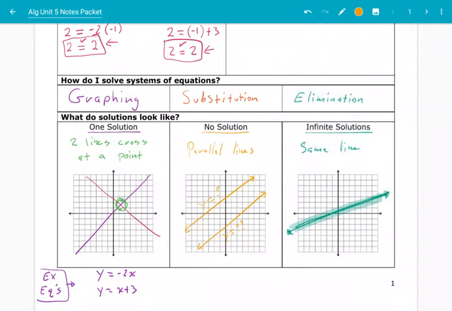Parallel lines, well, they have the same slope, so maybe something like y equals 2x plus 4, and then y equals 2x minus 2, something like that. So same slope, different b values, different y-intercepts. And then the last one right here, same line, so it would be like y equals 1/2 x plus something like that. It would be the same.